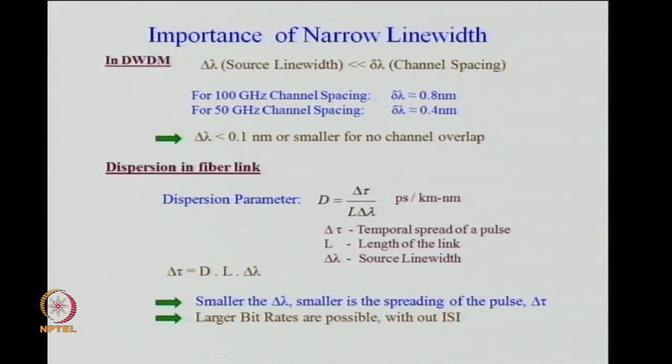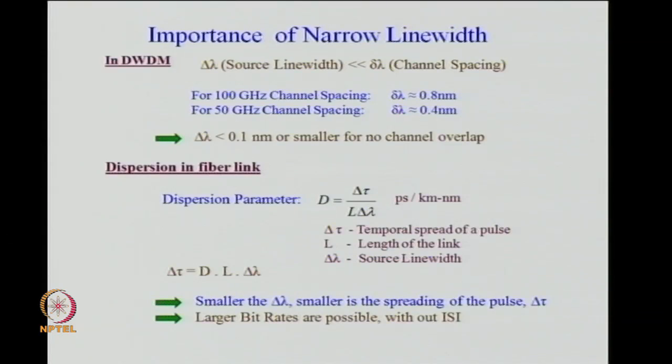Dispersion in fiber link: those who have studied a course on fiber optics, you know that there is a dispersion parameter called D. Those who have not studied, does not matter, just this to correlate the interest of fiber optics people. D is given by an expression like this. The dispersion parameter, the units are picosecond per kilometer nanometer.